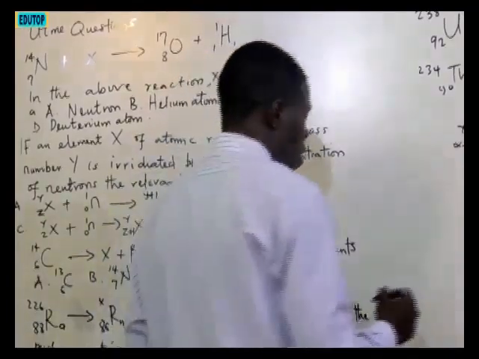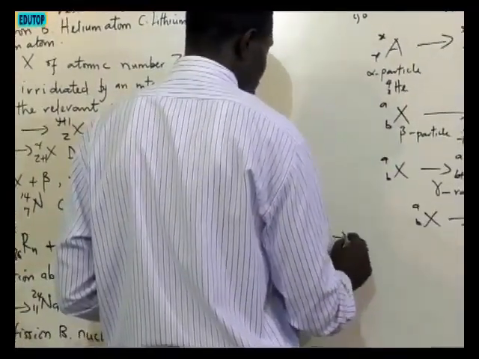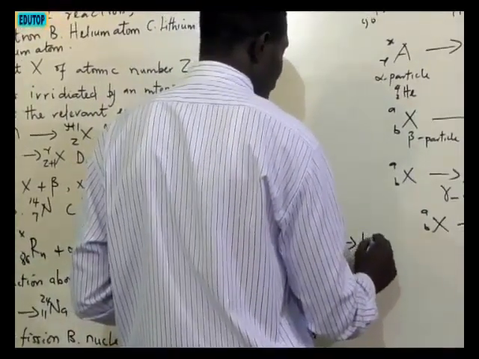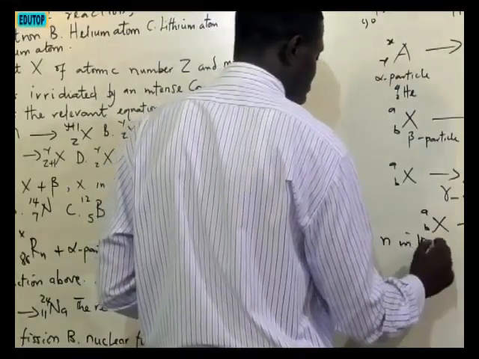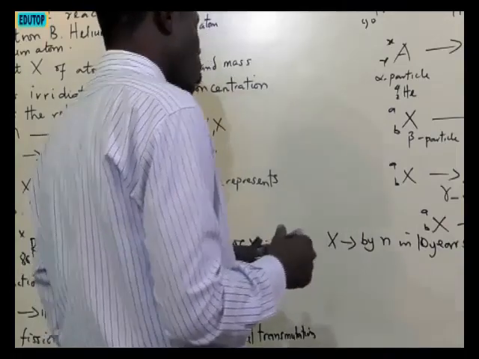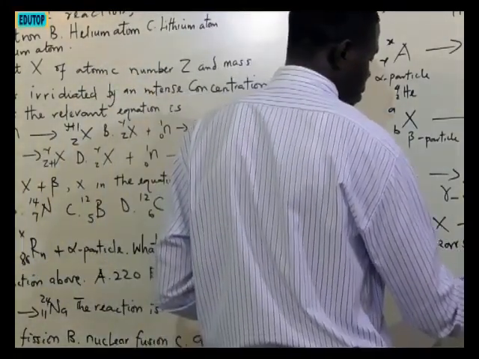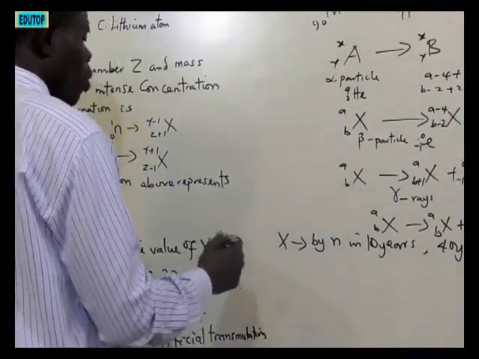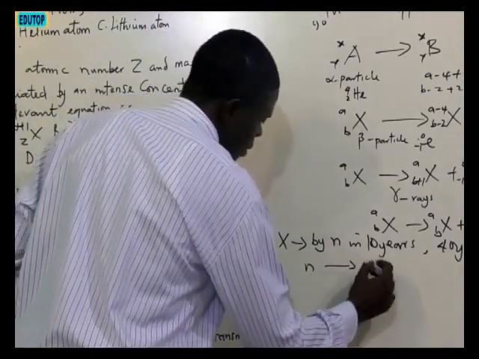So if, for example, a species X decays by n in 10 years, and the question asks what will be the fraction of the decay in 40 years' time, the way you are going to write this is to say n in 10 years.